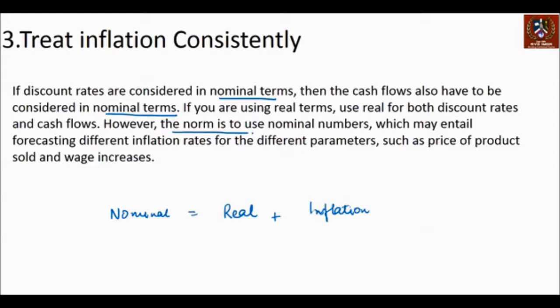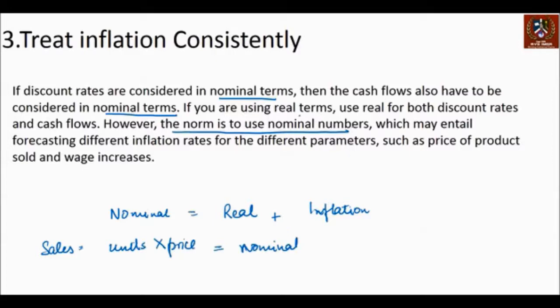That's usually the norm. Why? Is because when we do calculate sales, we just look at units multiplied by the price, right? This is usually nominal because the price comes into the equation every year, right? So we use the nominal terms in general.